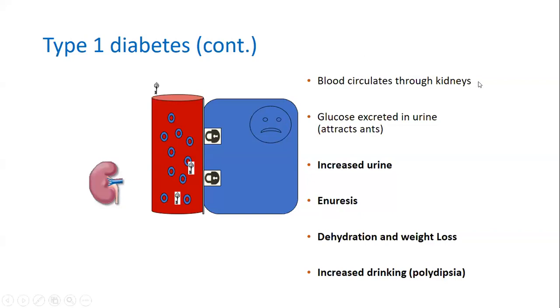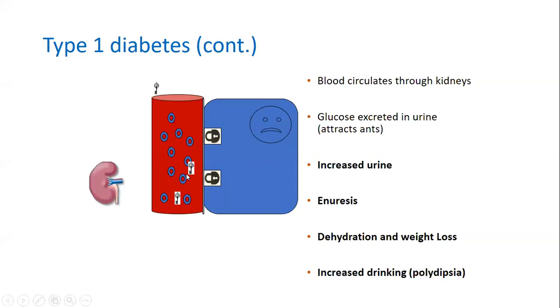And we know usually in a normal setting where there's no diabetes, kidneys usually reabsorb glucose in the proximal convoluted tubules. And if there's excess glucose in the blood vessel that exceeds what we call the renal threshold for glucose, and usually the cutoff is 10 millimoles per liter, glucose will be excreted in urine.